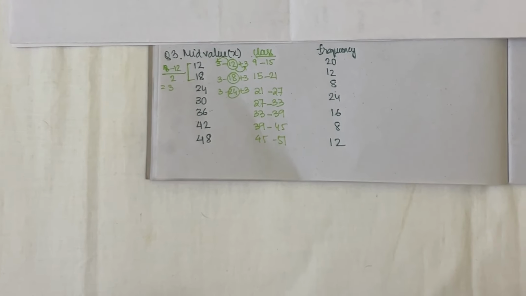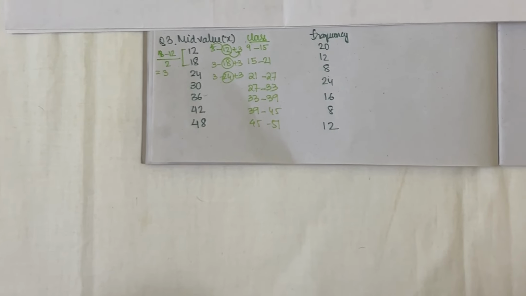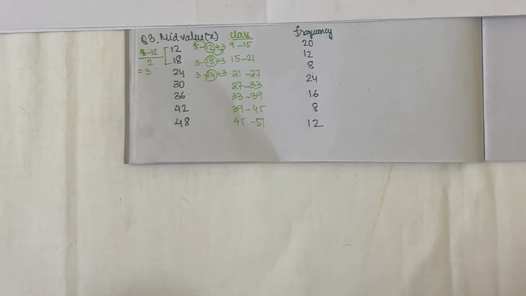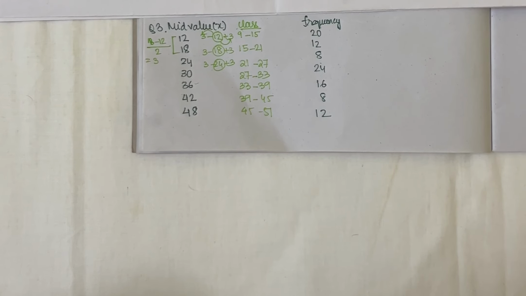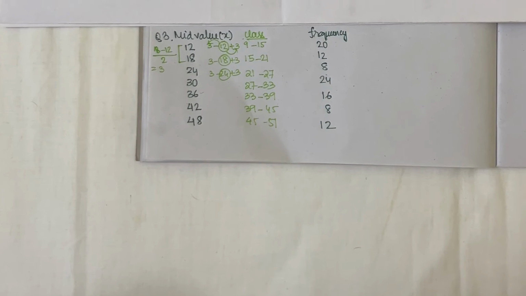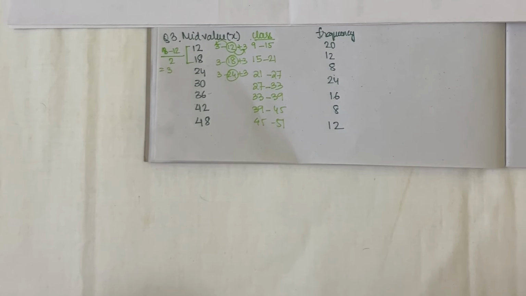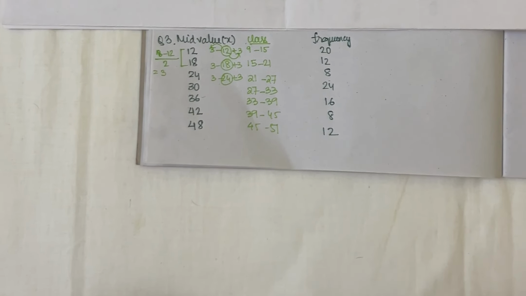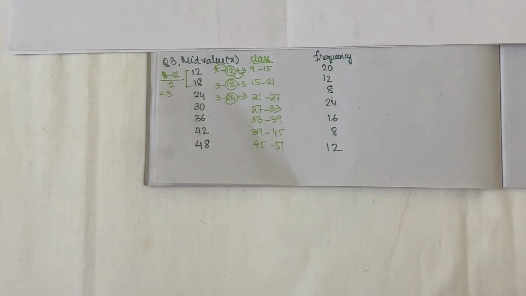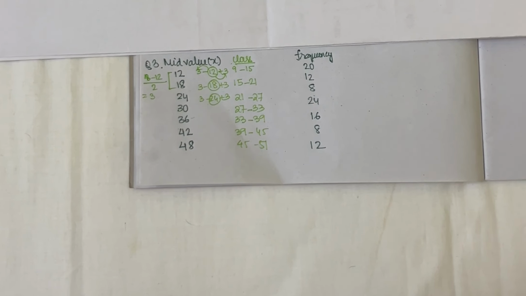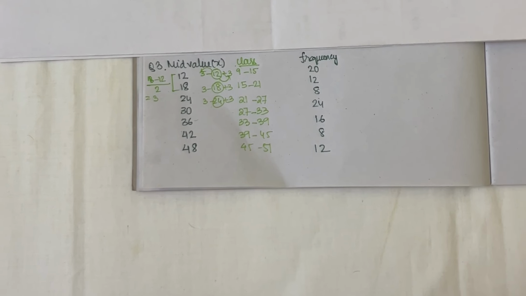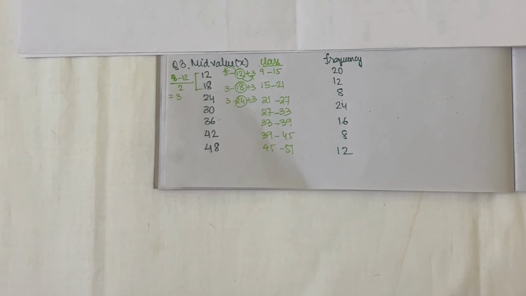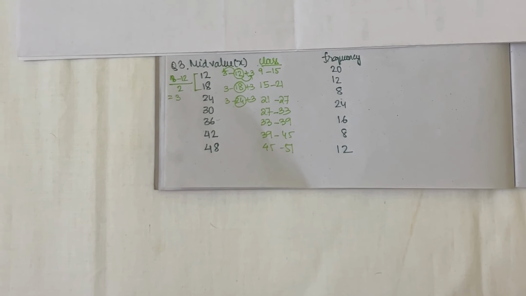In one more case, that is the mid values are given, we have to take out the class interval. How to do that? The mid values, as you can see, are given 12, 18, 24, 30, 36, 42 and 48. To take out the class interval, first we have to subtract 12 from 18, that is the first two of the mid values. Then divide it by 2, we get it as 3.